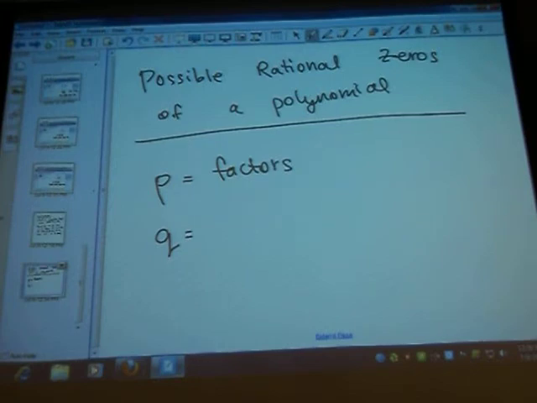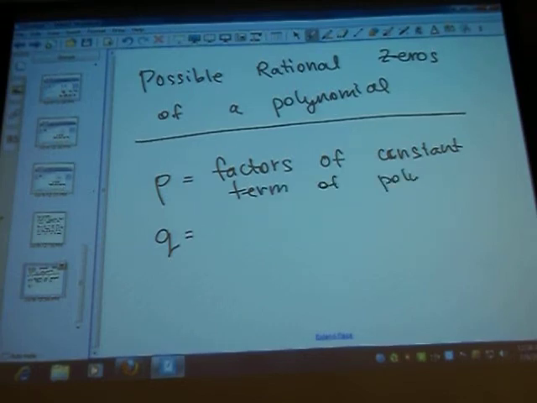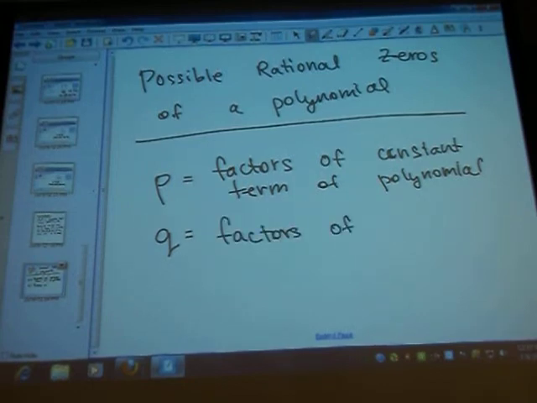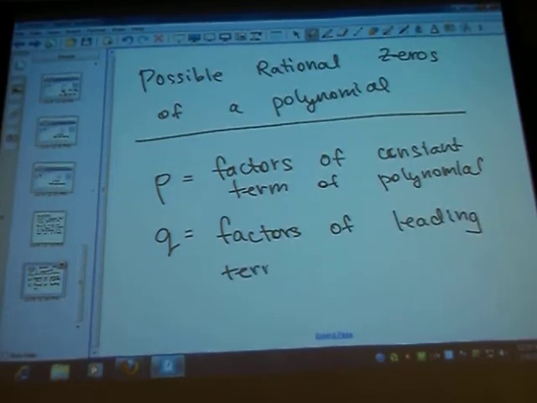Now the constant term of the polynomial is just the term without an x in it. Q are the factors of the leading term, or the leading coefficient. The leading term is just the number in front of the highest power.